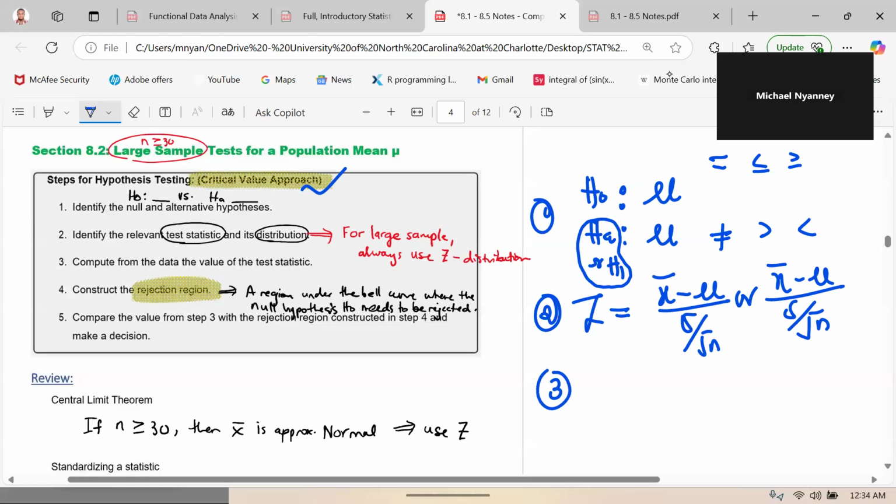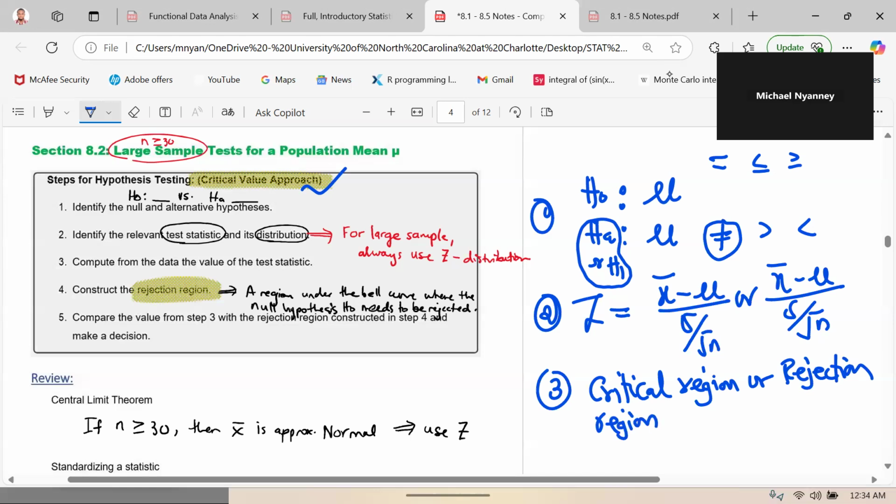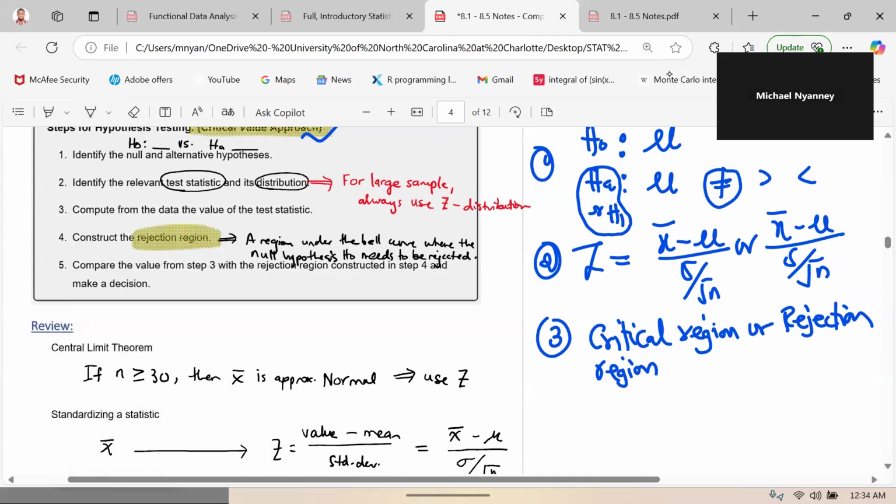So in case we are using, under the HA or the H1, this is the symbol that we see. So in case you see this symbol for the critical region, or the rejection region. Okay, so let me write a step-by-step approach.